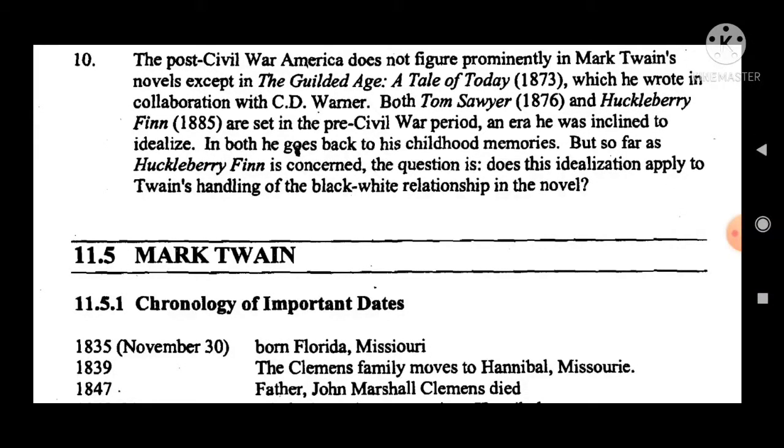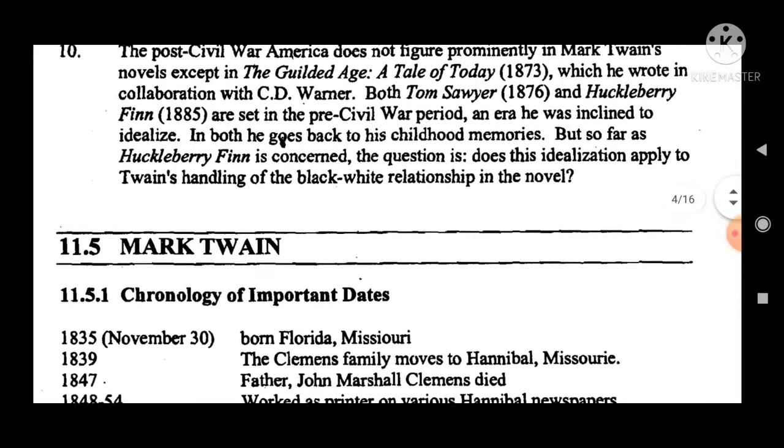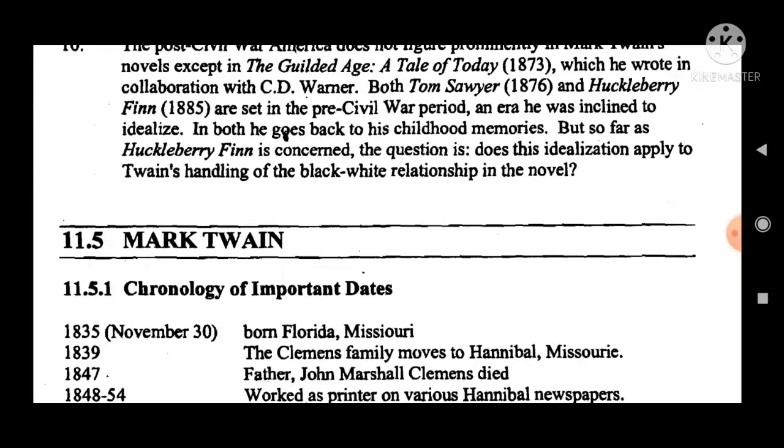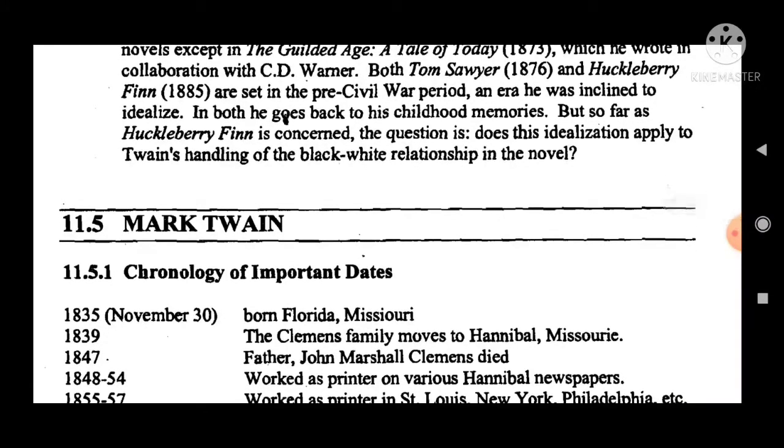Both Tom Sawyer, 1876, and Huckleberry Finn, 1885, are set in the pre-Civil War period, an era he was inclined to idealize. In both he goes back to his childhood memories, but so far as Huckleberry Finn is concerned, the question is, does this idealization apply to Twain's handling of the black-white relationship in the novel?